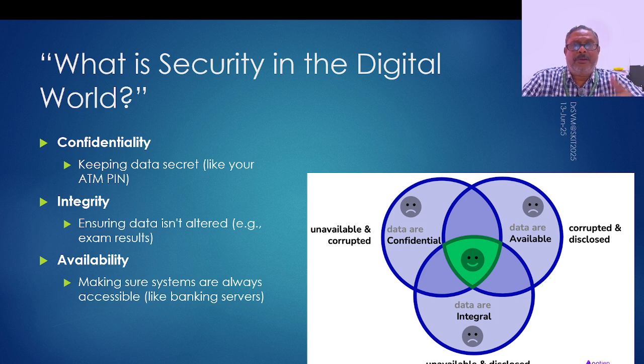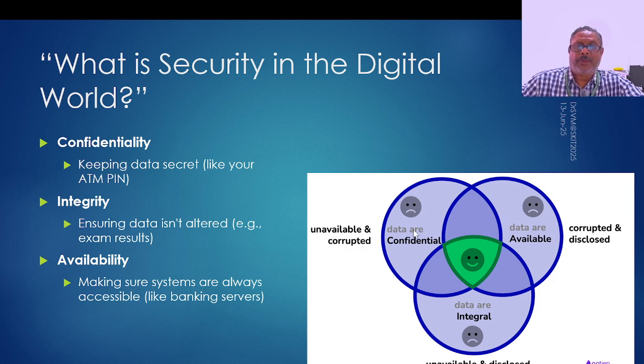When we are talking about security in this digital world, we need all three together. A Venn diagram is shown here, made up of three components: confidentiality, integrity, and availability. The green region is the one which says that it should have all three together.